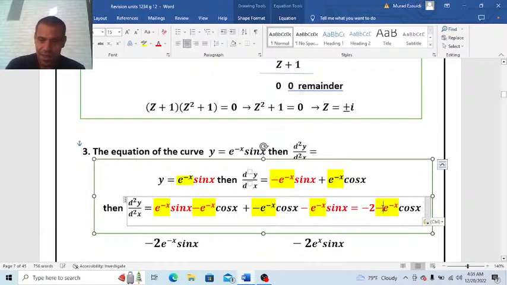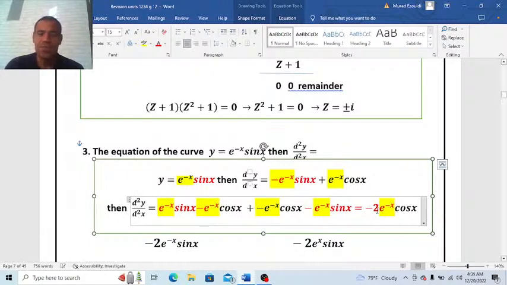This one, learners, is the correct answer, because this and that will be cancelled out.